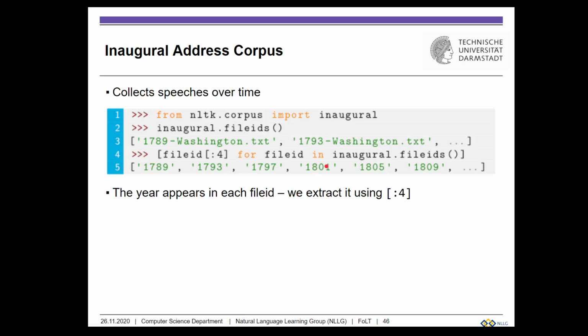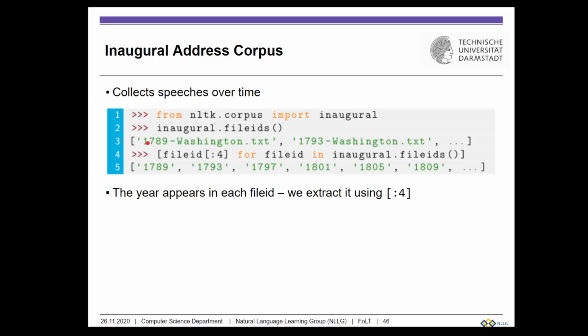Now let's make an even cooler application scenario. Namely, let's check language change or usage change of words over time. So we go to a temporal, historical corpus, namely the corpus of inaugural speeches in NLTK, the presidential inaugural speeches, as we've seen before. Again, we import the corpus from nltk.corpus and check how the files look.